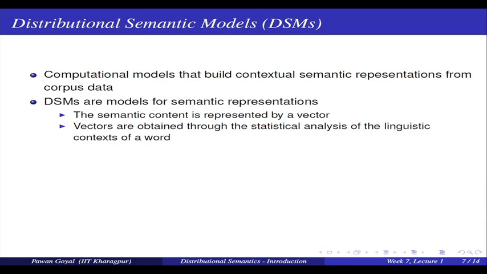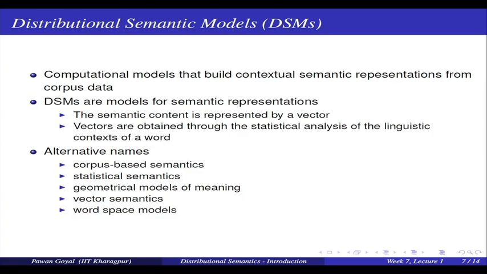So DSMs are models for semantic representation where I capture the semantic content by using a vector. For each word we will try to build a different vector that will capture the semantics, and these vectors are obtained via the statistical analysis of the linguistic context of the word. How this word occurs in various contexts will help me find out its vector representation.